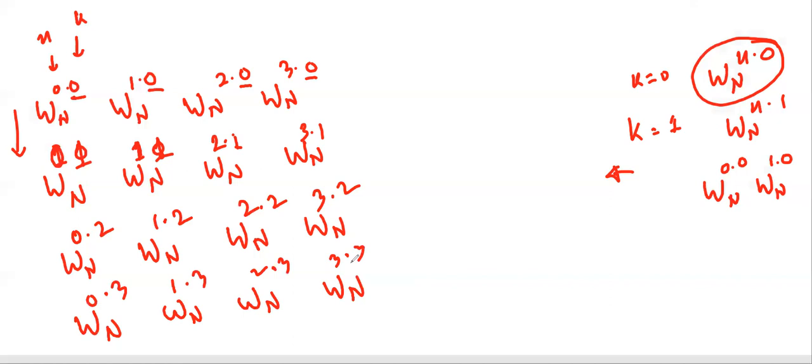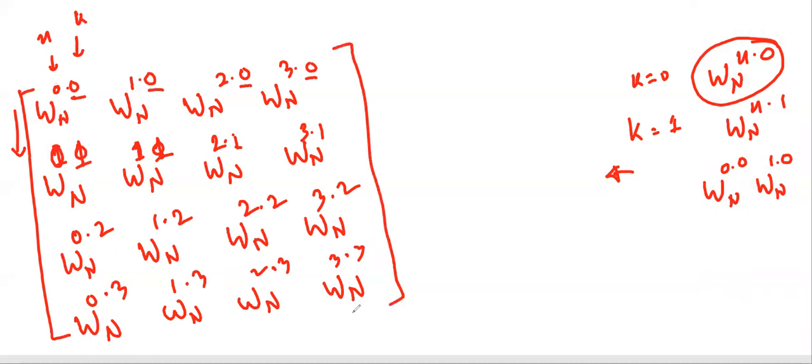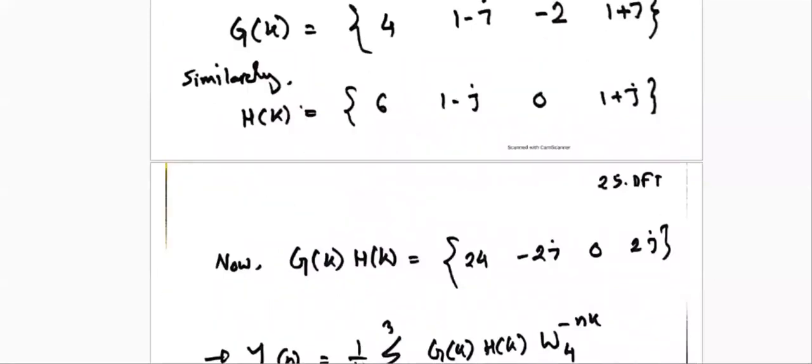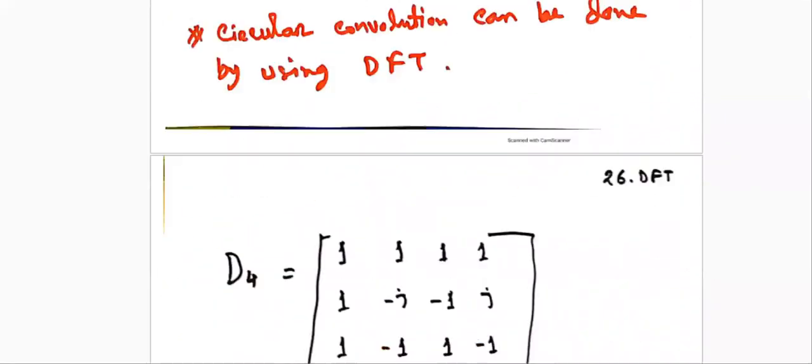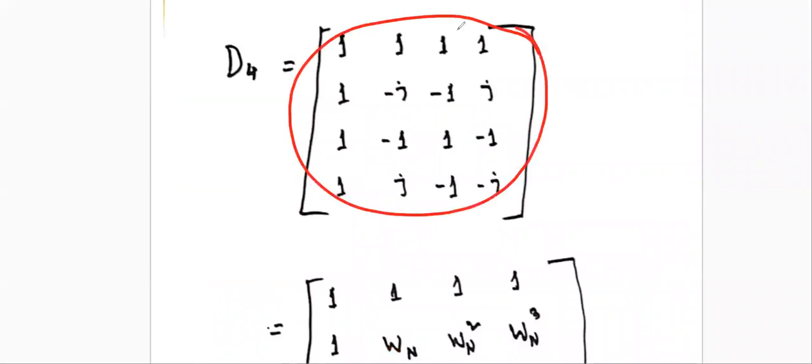So what I am mentioning here, we have found this matrix, and this is equal to your D4, where everything is known to us. If everything is known to us and the equation looks like this, that means we can always find this value. So if you already calculate this, you can save it whenever you know that n equals 4.